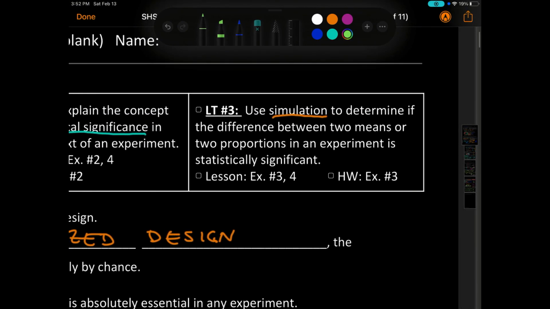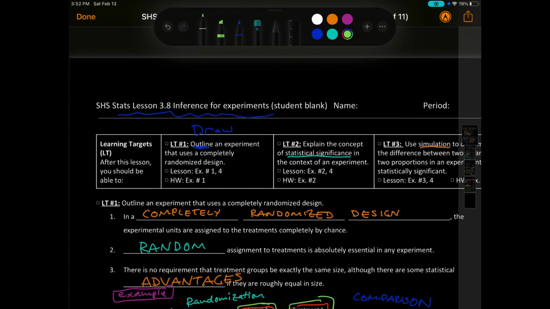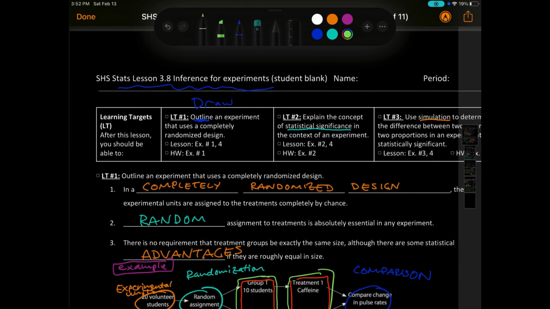And learning target number 3, use simulation on the computer to determine if the difference between the two means or proportions in an experiment is statistically significant, meaning that your p-value, they call it, on the dot plot was a low percentage, because we're saying that it's not due to chance. And so that is learning target 3.8, inference for experiments.